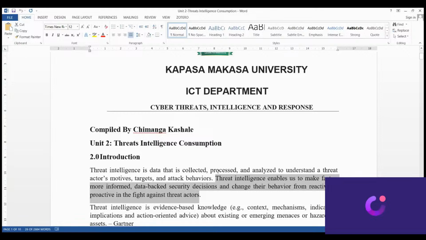So by now, threat intelligence is the data that is collected, processed, and analyzed to understand the motive of the attacker. You should be able to understand the motive, the target, and the actual behavior. Once you understand this, you'll be able to make faster decisions so that you are able to fight against this threat. Is that clear?